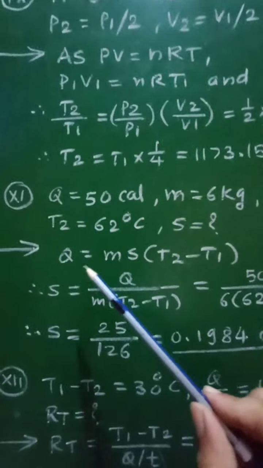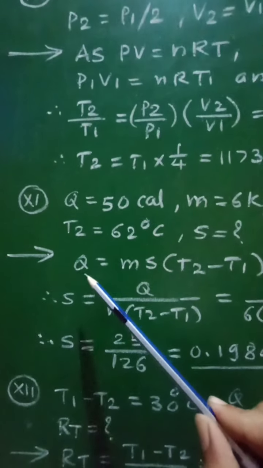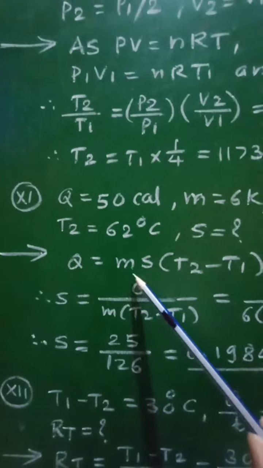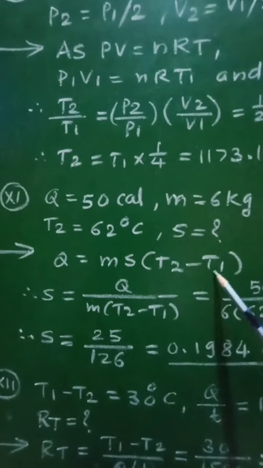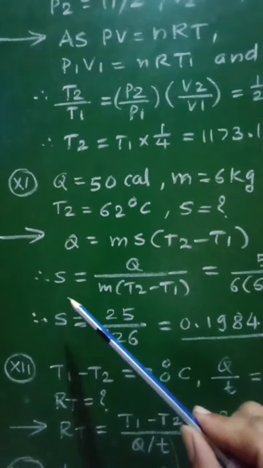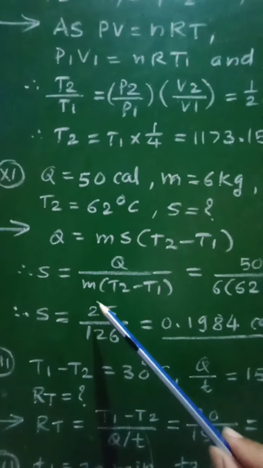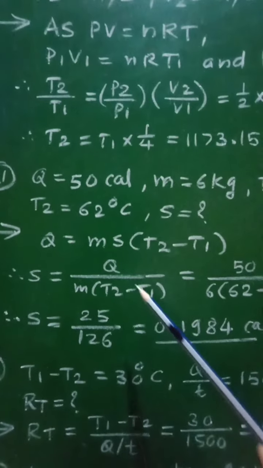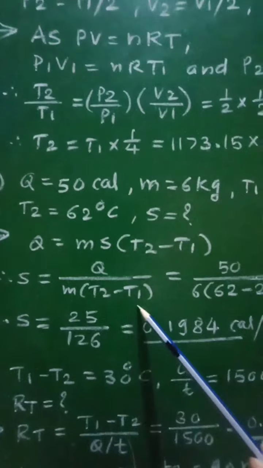Now we know that the quantity of heat absorbed Q is equal to ms into T2 minus T1, and therefore S will be equal to Q upon m into T2 minus T1.